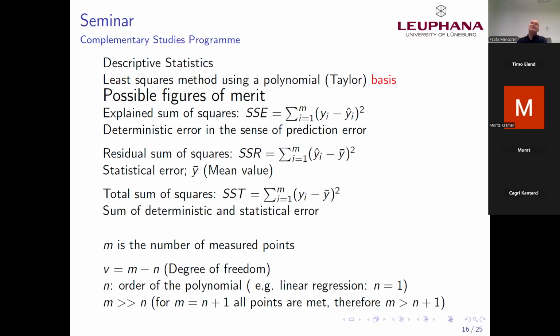I mean, it is the difference between what I am measuring at each time and my approximating element, which belongs to my regressor. Why am I speaking about deterministic?